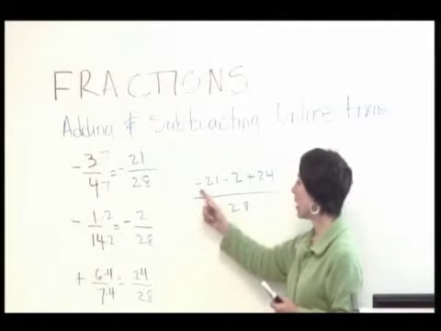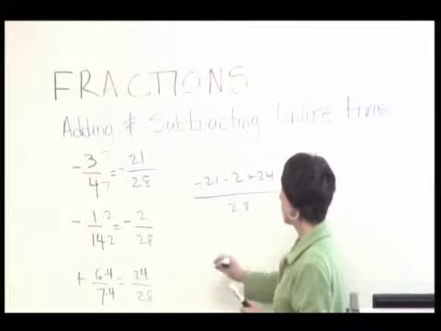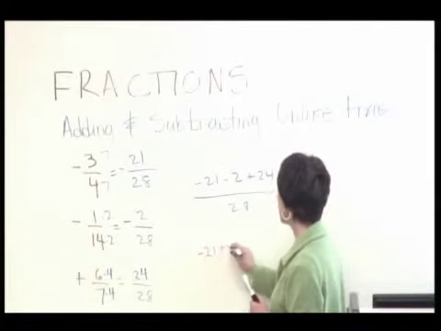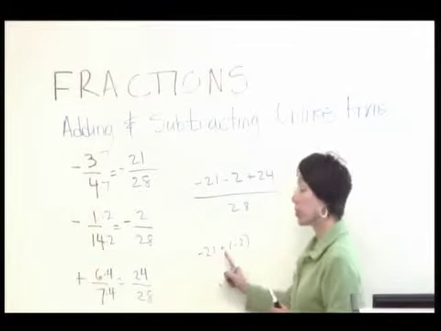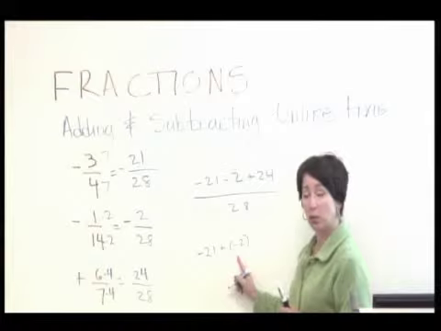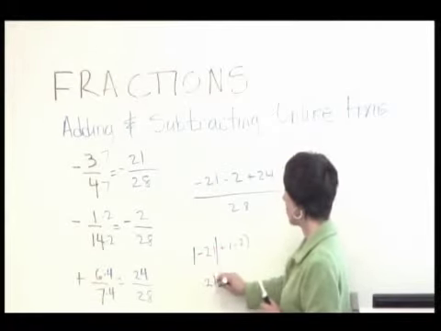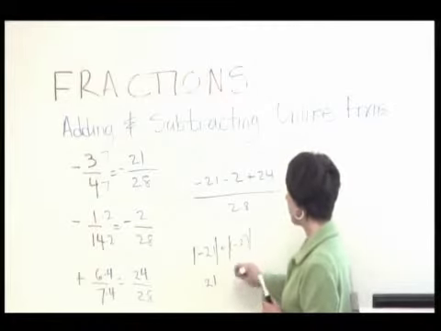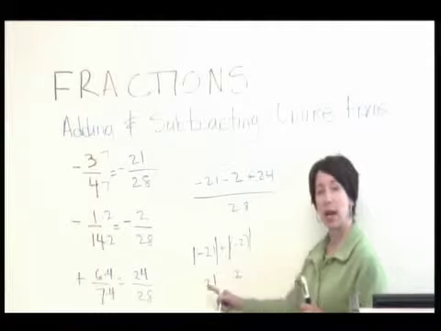So we look at these two values, minus 21, minus 2. And we want to remember that this is the same as minus 21 plus negative 2. So to do this, I take the absolute value of each number. The absolute value of negative 21 is 21. The absolute value of negative 2 is 2. And since they have the same signs, I add.